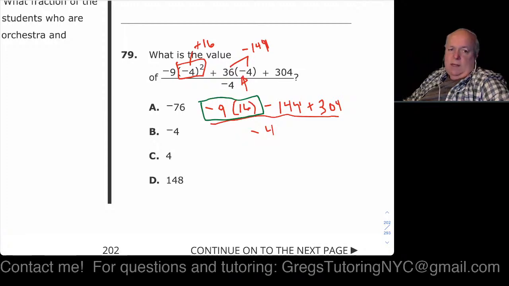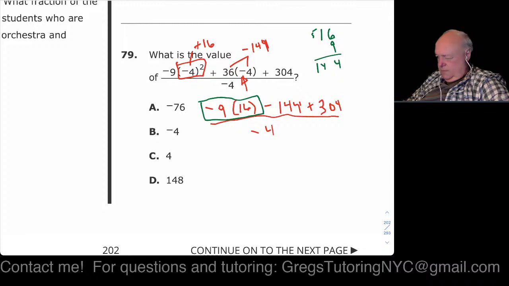If you want, you can go on the side and do 16 times 9. 9 times 6 is 54, and we get 144, but we have this minus here to worry about. So we get minus 144.